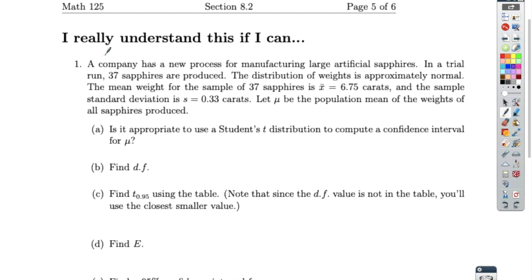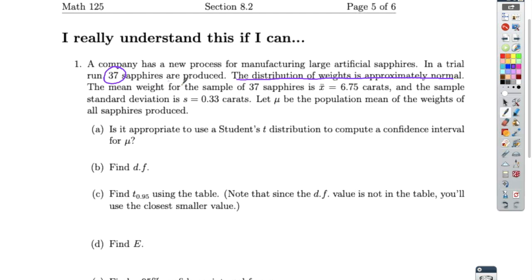The first one says, a company has a new process for manufacturing large artificial sapphires. In a trial run, 37 sapphires are produced. The distribution of weights is approximately normal. Okay, this is a friendly statement, but actually this is a large enough sample size that I don't care. So great that we have it, but we didn't need it for this large of a sample.